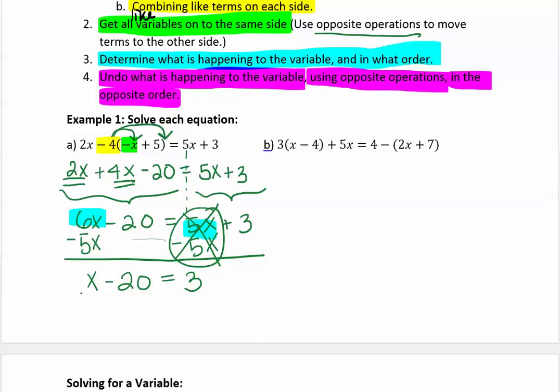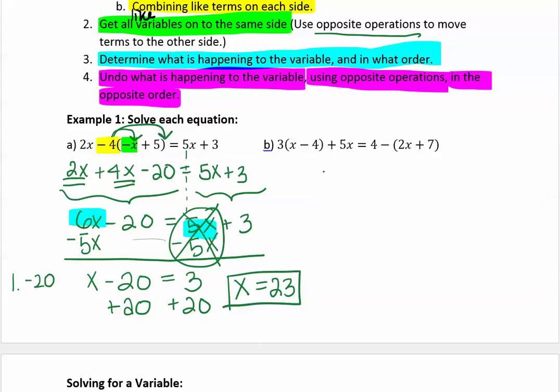Because I just have an x here, and it's subtracting 20, I only have one thing that's happening, and that is subtracting 20. So to undo it, I have to add 20. So that's the next step. Undo what is happening. Use opposite operations in the opposite order. I'll show you the opposite order thing in a bit, because this doesn't apply here. But I'm going to add 20 to both sides, and I get my answer: x is 23.